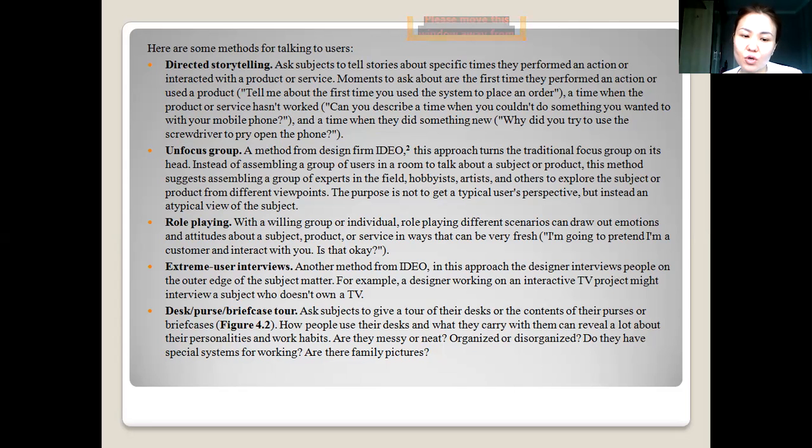Desk, purse, briefcase tour: ask subjects to give a tour of their desks or the contents of their purses or briefcases. How people use their desks and what they carry with them can reveal a lot about their personalities and work habits. Are they messy or neat, organized or disorganized? Do they have a special system for working? Are there family pictures?